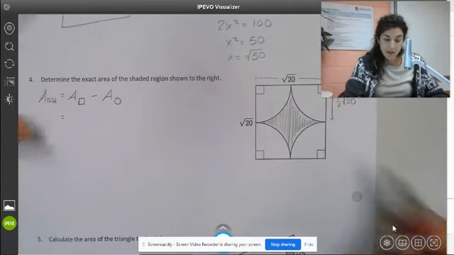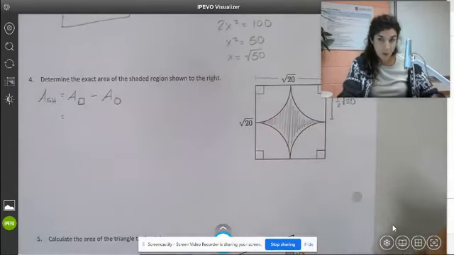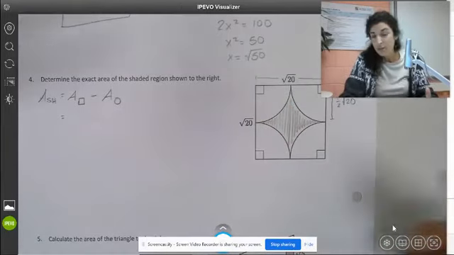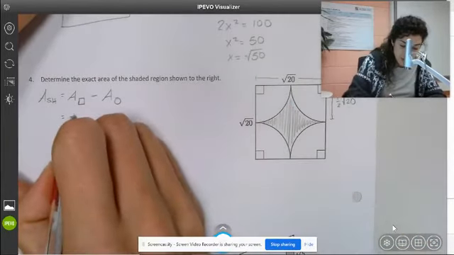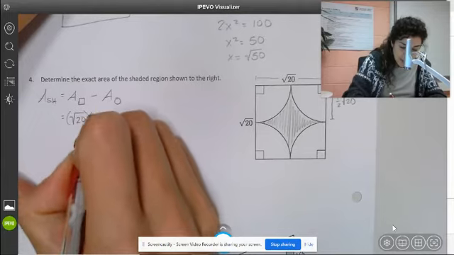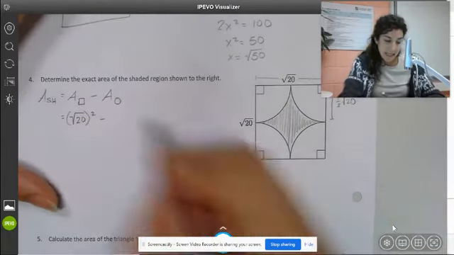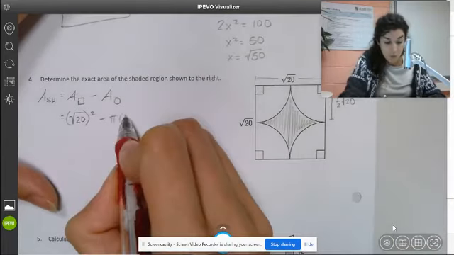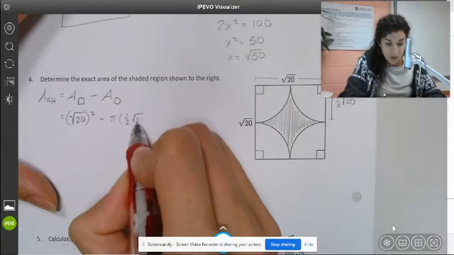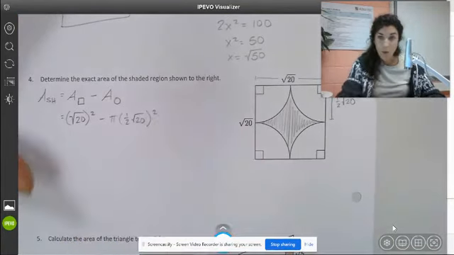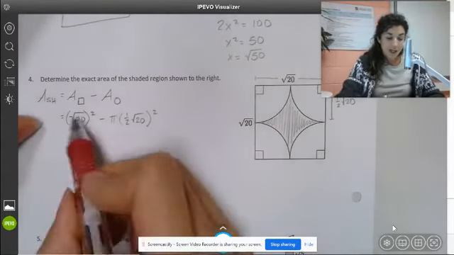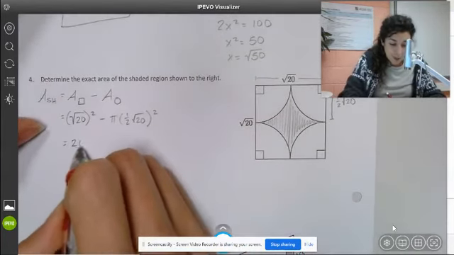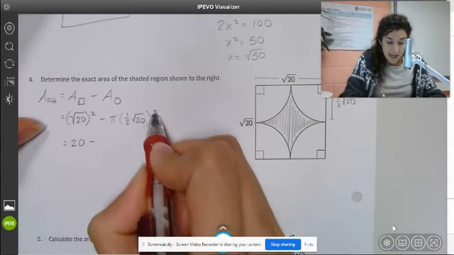All right, so the area of the square is going to be one of those side lengths squared, or the side length times the side length, but since they're the same, it's that thing squared. So the square root of 20 squared minus, and then the area of the circle is going to be pi times the radius, which is 1/2 times the square root of 20, squared. Okay, square root of 20 squared is 20, minus.